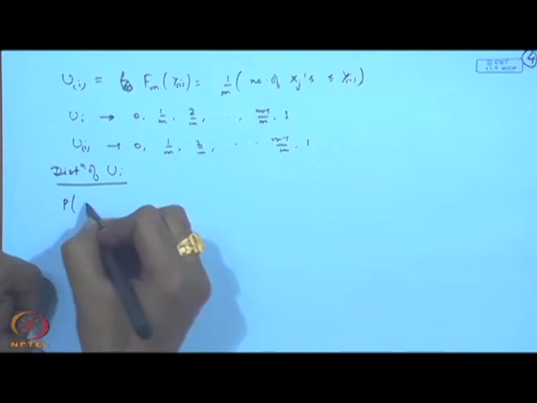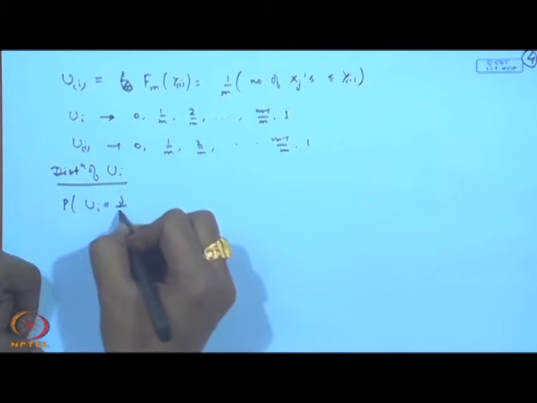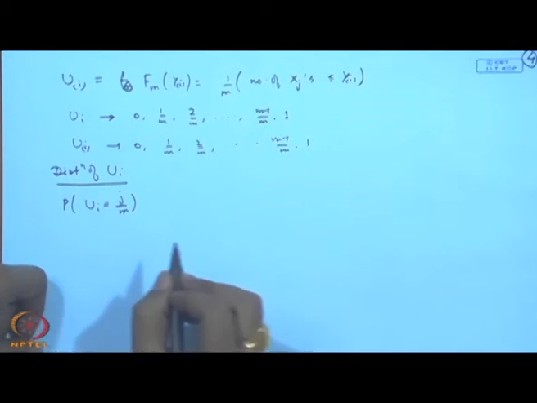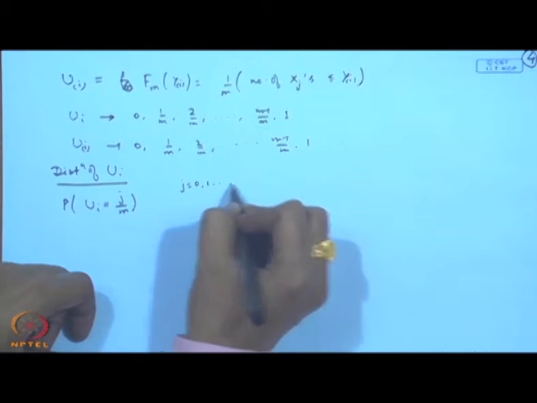What is the probability that u_i is equal to say some number j by m, where j can take values 0, 1 to m?